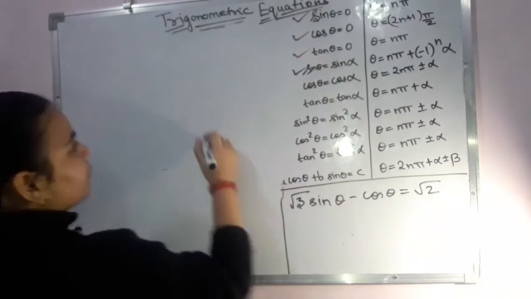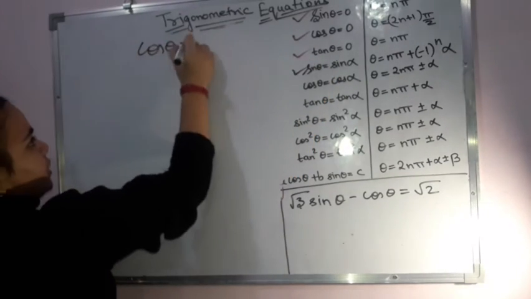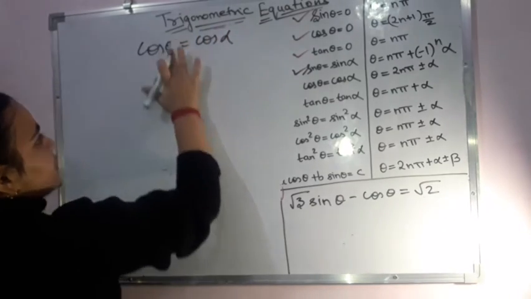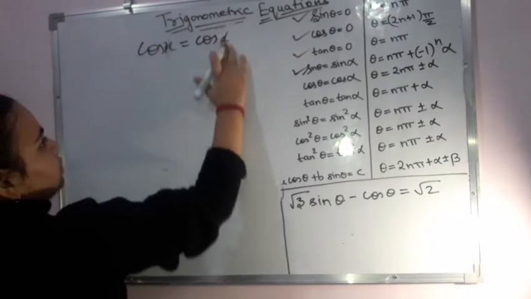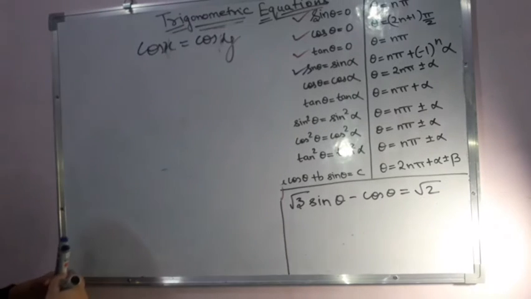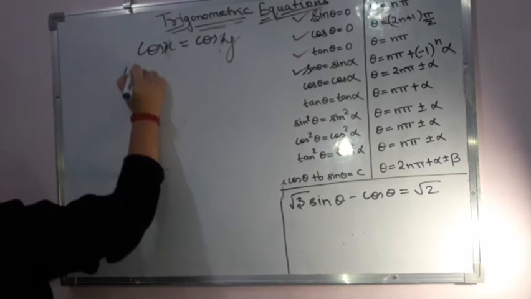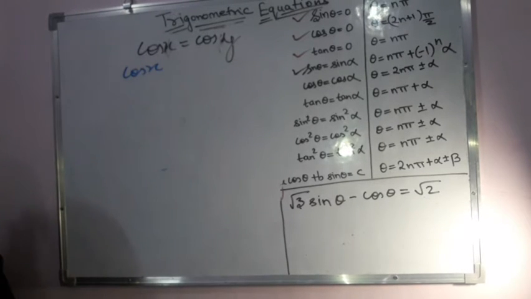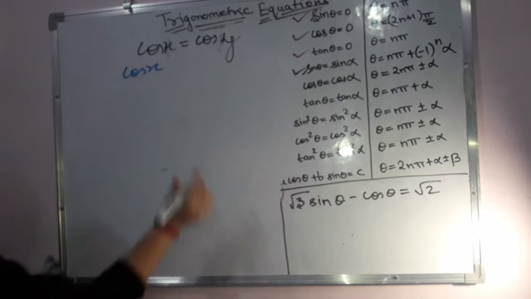Let us assume in our case cos x is equal to cos y. Again doing the same step, a similar procedure as we were doing for sine. The only thing is that when I write cos, my formula will change simply and nothing else.